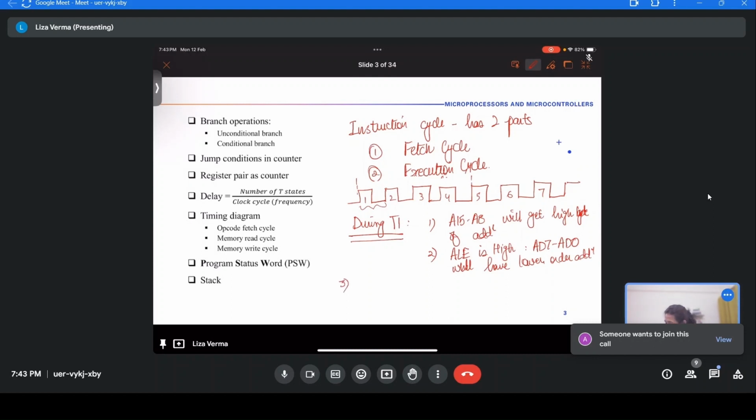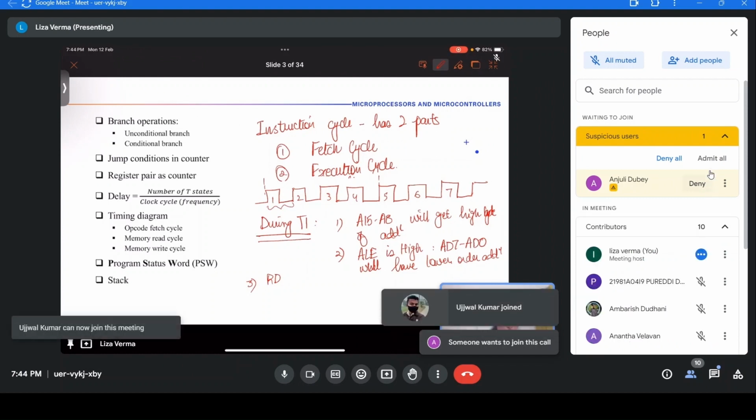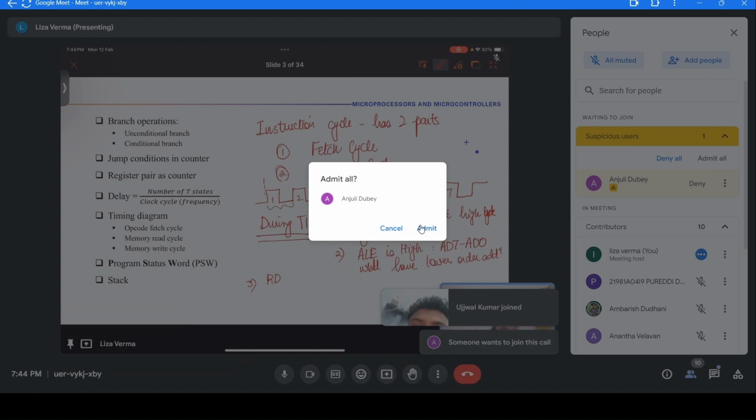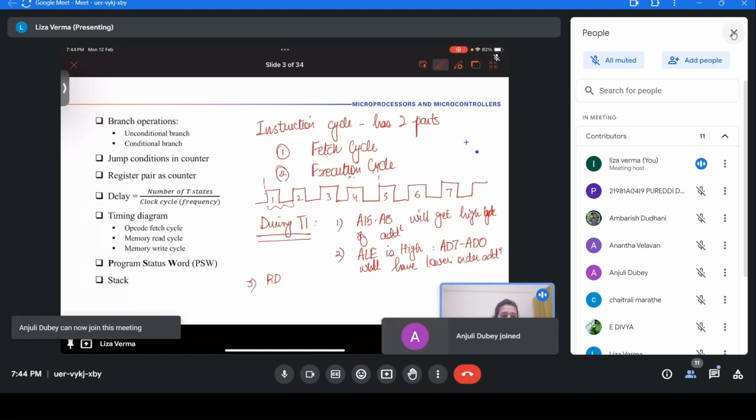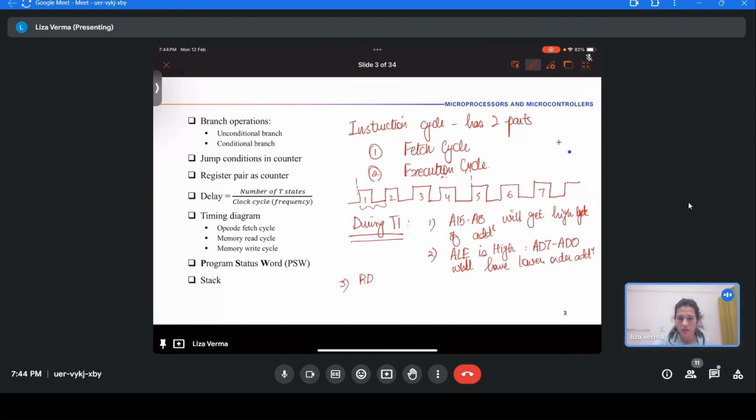Read, write, IO. So read and write. This is the question: what will be the read signal at T1? Simple logic. What are we doing in the first T state? Getting the data or getting the address?